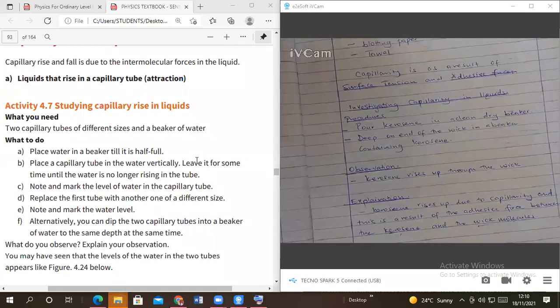The force of attraction between those two molecules of kerosene and the wick is what we call the adhesive force. So adhesive force is normally between molecules of different substances. For example, water and glass. The reason why water sticks on glass is because of the adhesive force of attraction between the glass molecules and the water molecules. Have you understood?